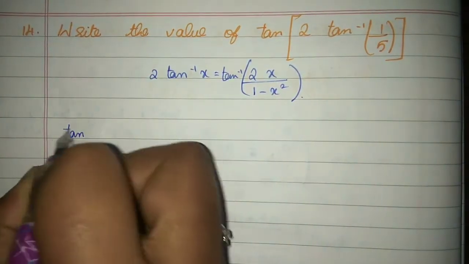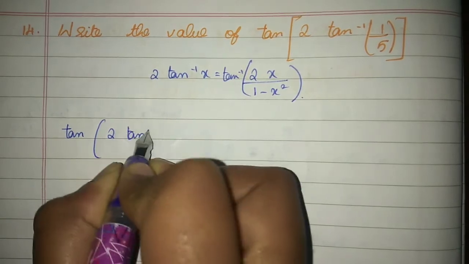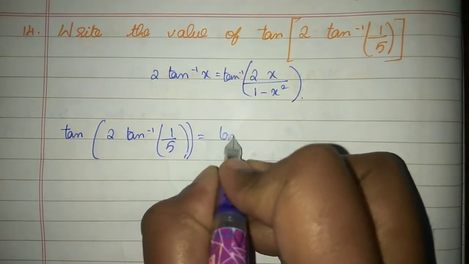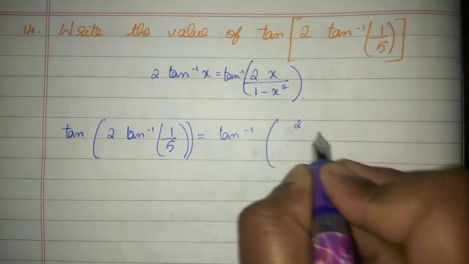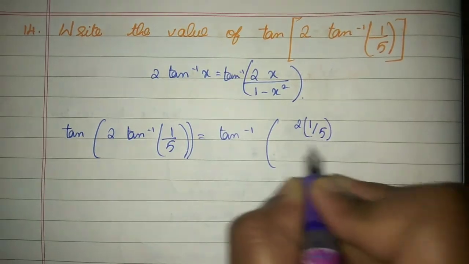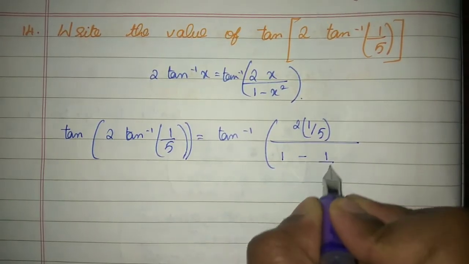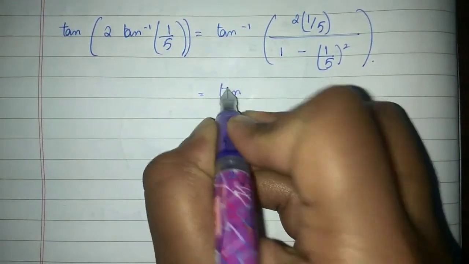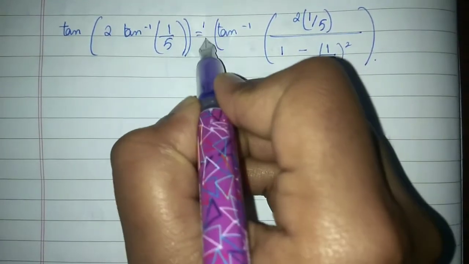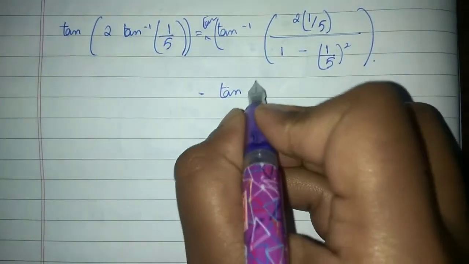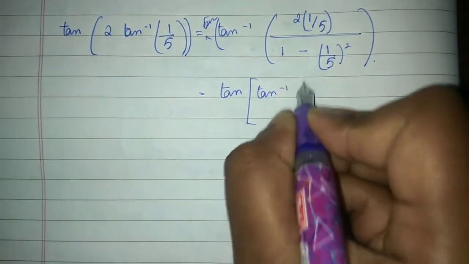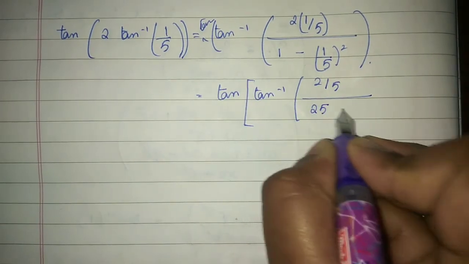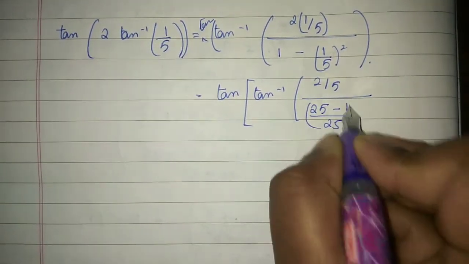So we will have tan of 2 tan inverse 1 by 5 is equal to tan inverse of 2x. What is x? 1 by 5. So let me have it as this. So 1 minus 1 by 5 square, which is equal to tan. We have tan, no? So you can just add tan here. So tan of tan inverse 2 by 5 divided by, it is 25 minus 1 by 25 here.